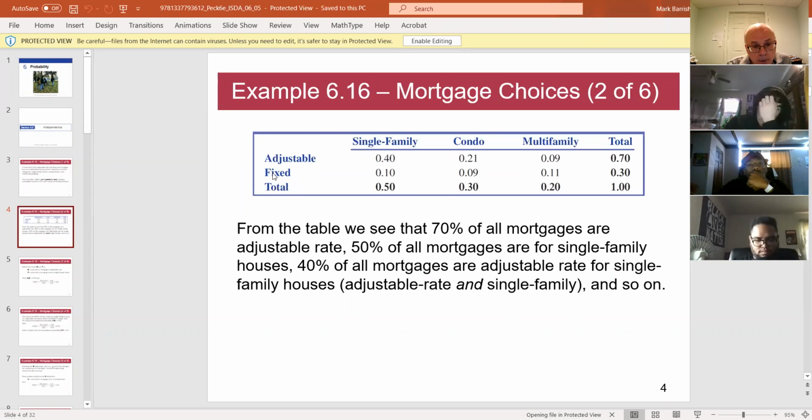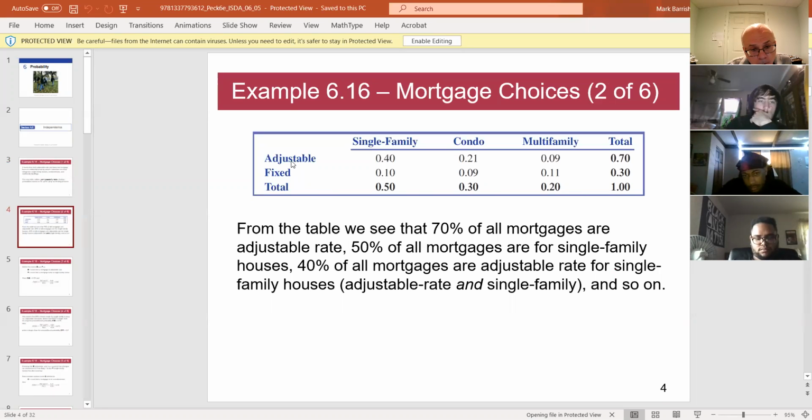So what is this table showing here? Well, in this table, they're breaking up mortgages. Mortgages, of course, are loans given to people who are buying a house. They don't use 100% of their cash to buy the house. They're going to take out a loan for most of the cost of the house. And according to this table, there are, in general, 2 types of mortgages in the way you pay back the interest.